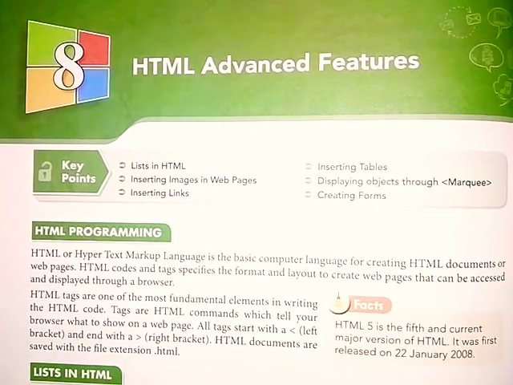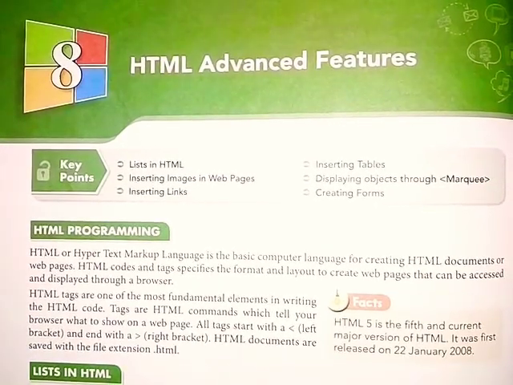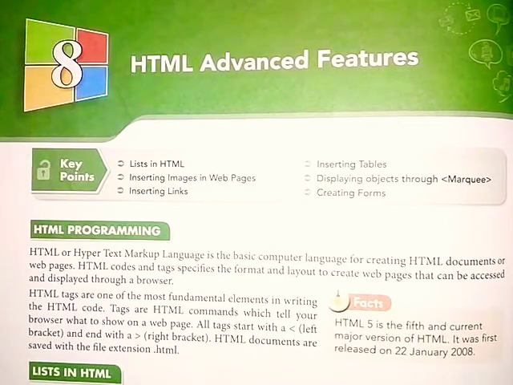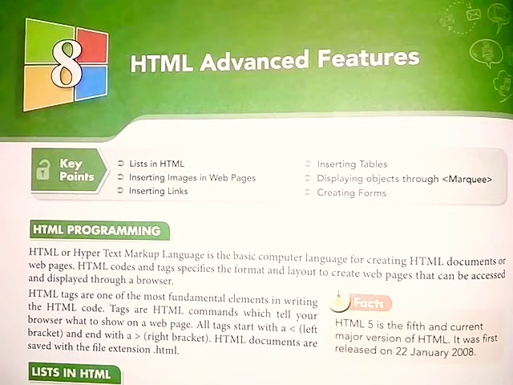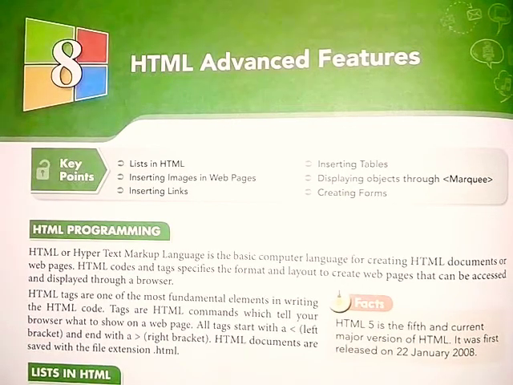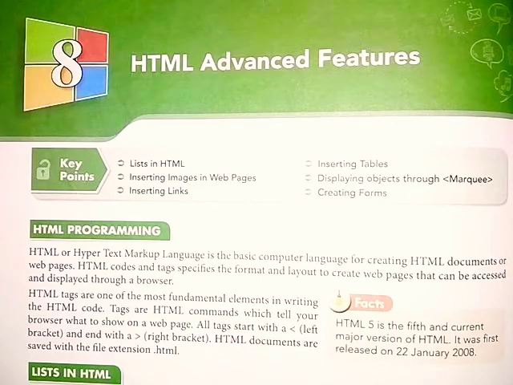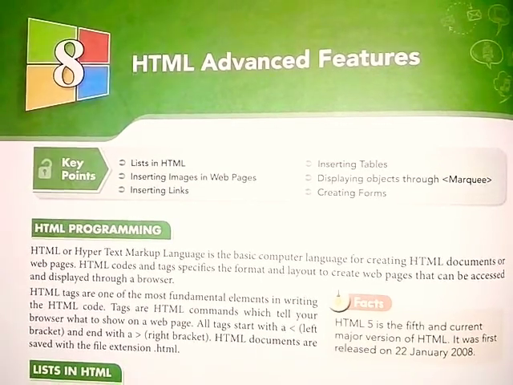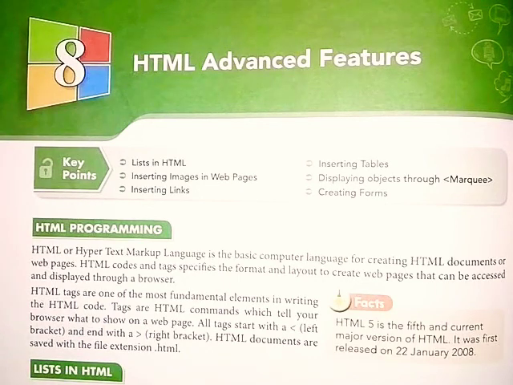HTML Programming. HTML or Hypertext Markup Language is the basic computer language for creating HTML documents or web pages. HTML codes and tags specify the format and layout to create web pages that can be accessed and displayed through a browser.